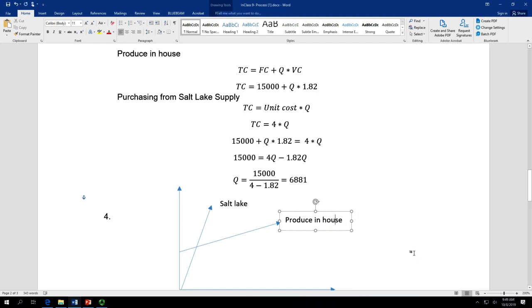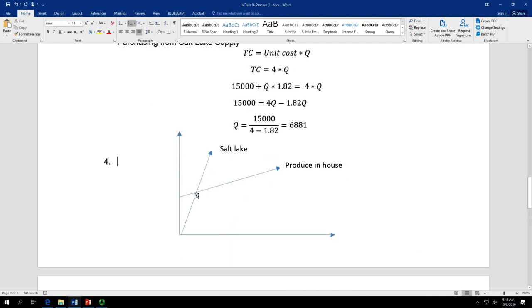All right. And now you see this intersection point is 6881. This point tells you the two options will get exactly the same total cost. When the quantity ordered is larger than 6881, over here, which one is the smaller option?